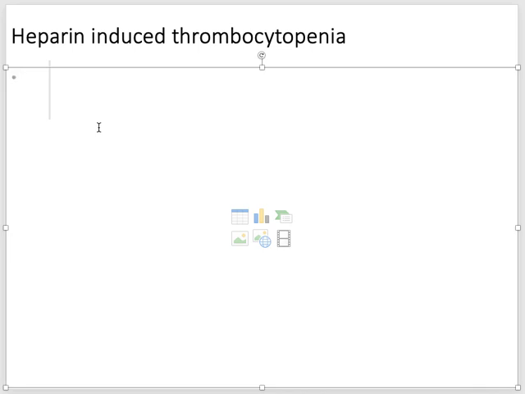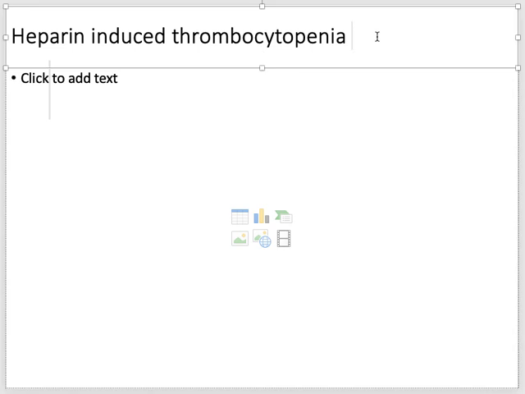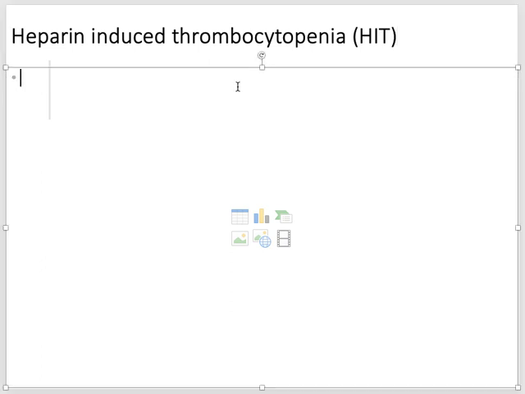Previously they were called type 1 and type 2 HIT, H-I-T, heparin-induced thrombocytopenia. The short form is HIT. Before it was called type 1 and type 2. Now they changed the name.